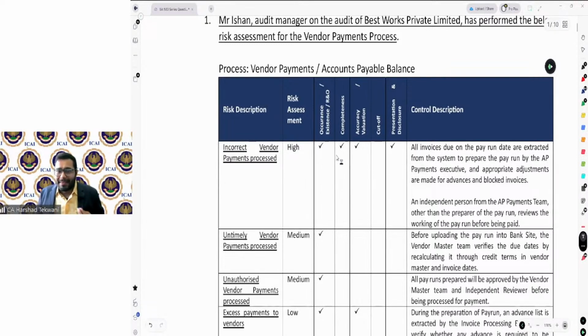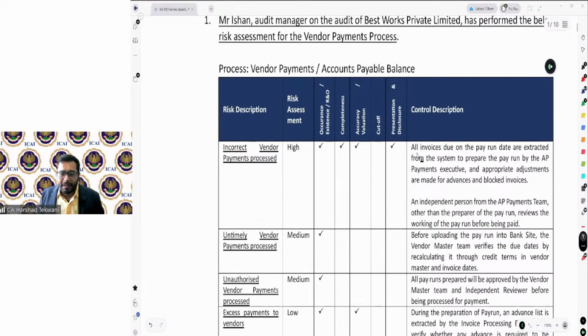Remember, in SA 315 we are required to perform risk assessment not only at the financial statement level as a whole, but also at an assertion level for a particular class of account balance, presentation or disclosure. The same has been done here, with appropriate assertions marked.